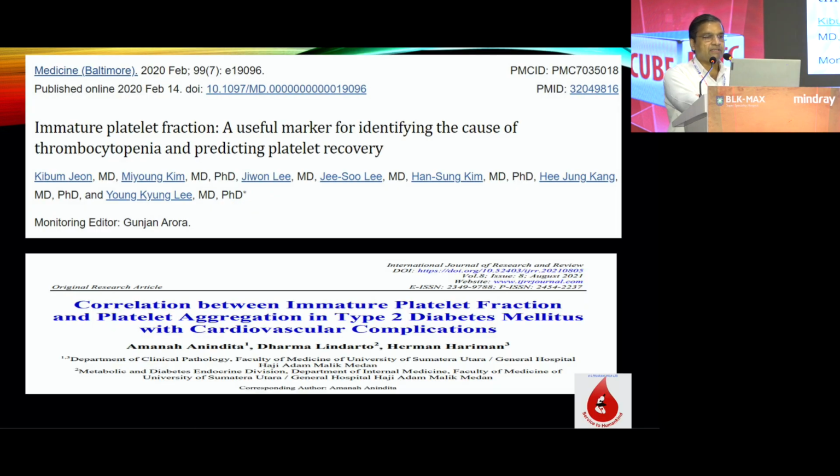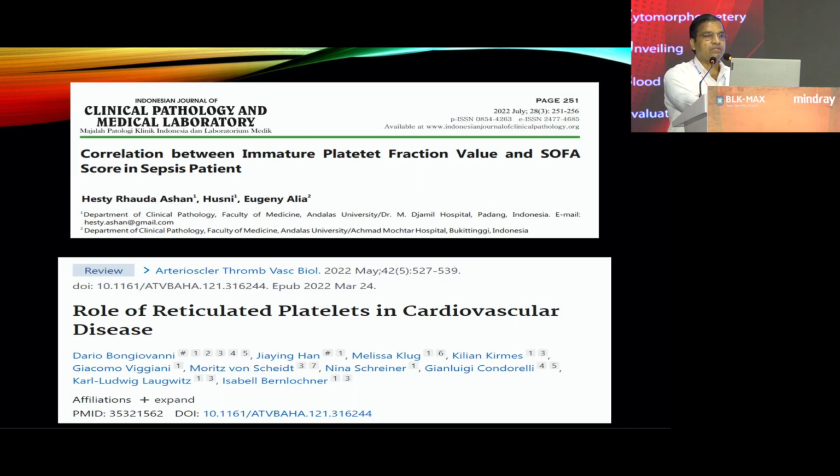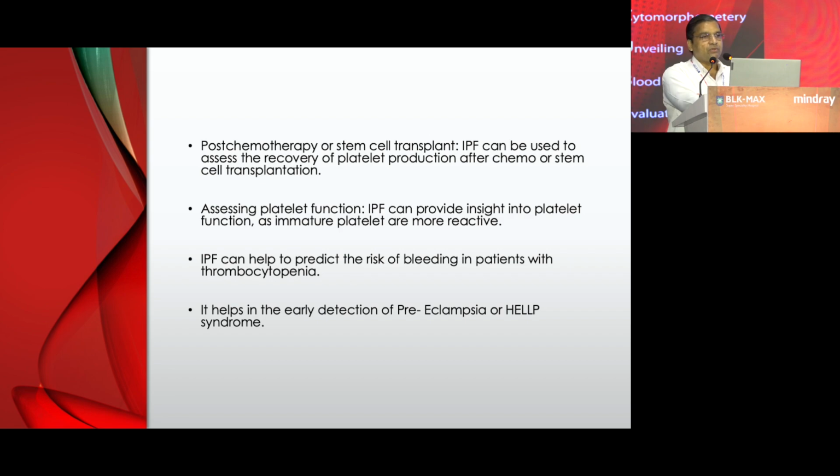A few of the studies show IPF along with diabetes mellitus and cardiovascular complications, or use of IPF correlating well with the SOFA score in sepsis patients and other diseases. So my point is that we can use it in different conditions where chemotherapy or stem cell transplantation was done. It can be used to gain insight about the platelet function.